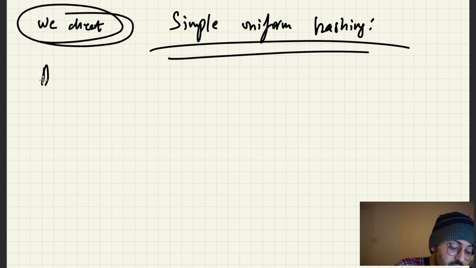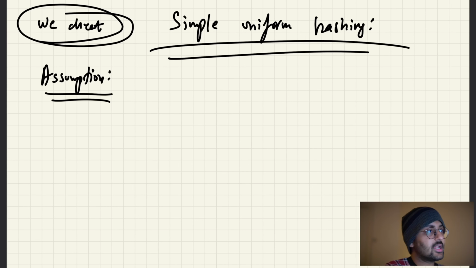We make an assumption. The assumption is that every key is equally likely to be hashed to any slot in the table, independent of where all the previous keys are hashed.